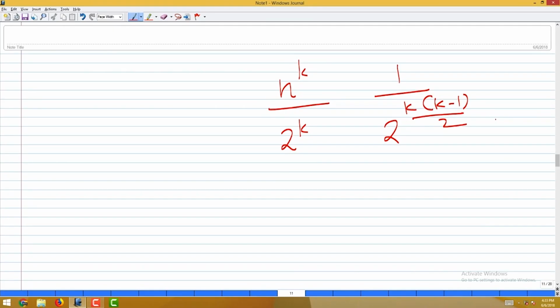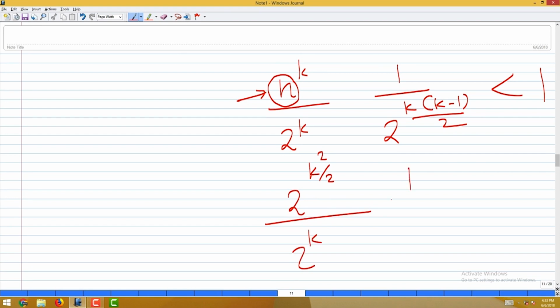If this is less than 1, everything else I wrote previously was less than 1, because I took bigger ones here. And I know my aim is to put n as 2 raised to k by 2. I will just put 2 raised to k by 2 here. That means 2 raised to k square by 2 raised to k, and 1 by 2 raised to k square by 2 minus k by 2.